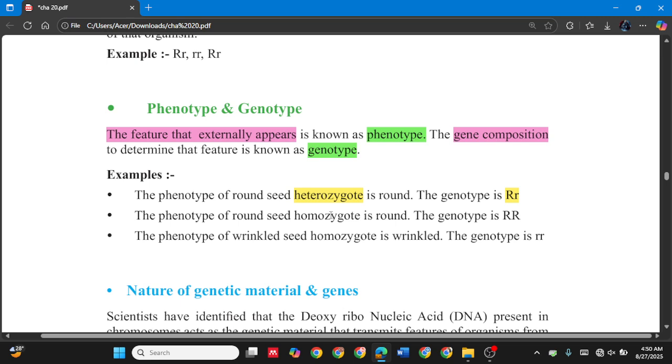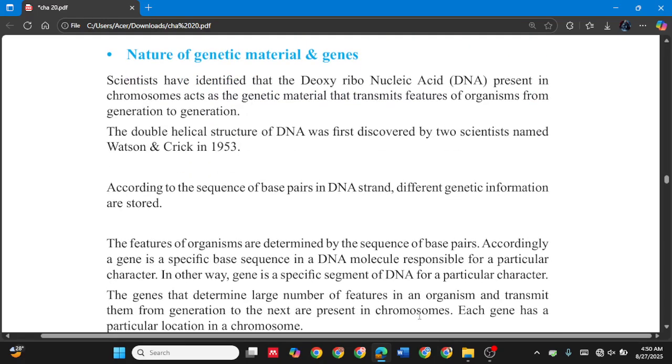So if both dominant and recessive genes are present, the phenotype should be that dominant characteristic. If you have questions, please ask me after you listen to this one.